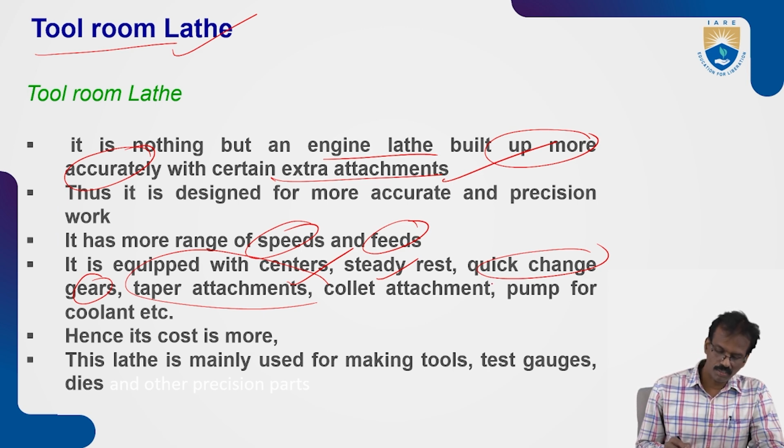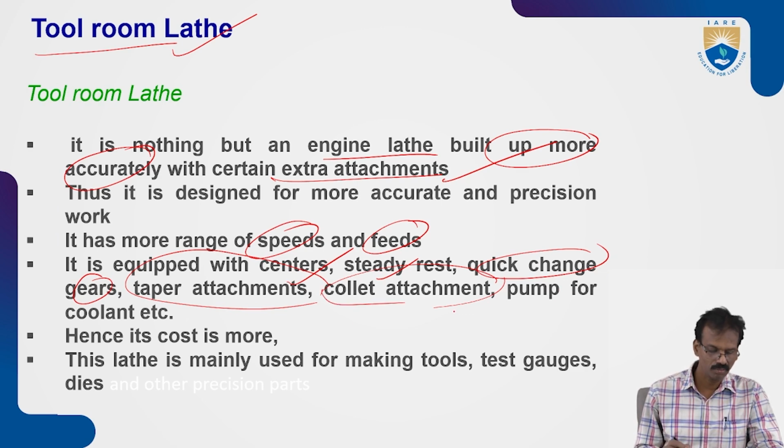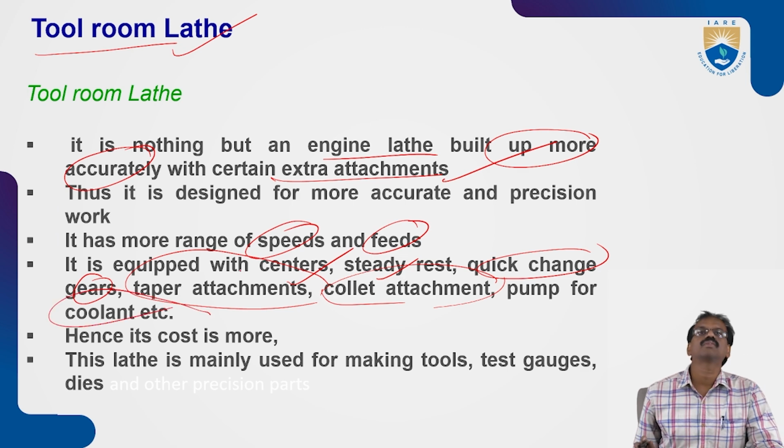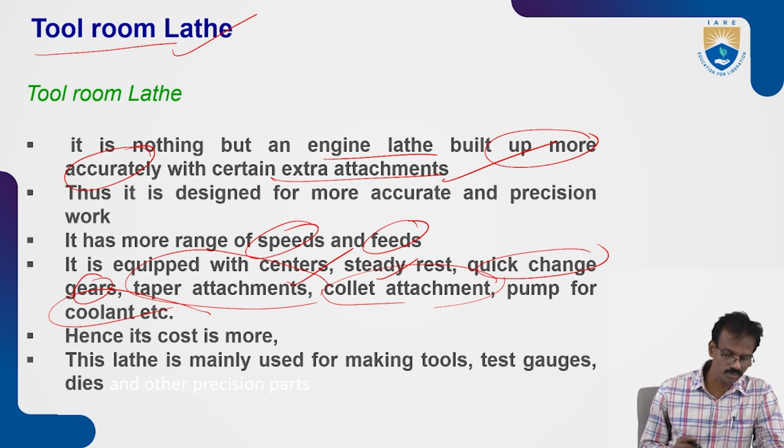Some collet attachments are also there for different operations. Next, pumps are also there for the coolant to cool the workpieces. With the adding of this extra equipment, the cost of this machine will be increased. Hence, its cost is more.